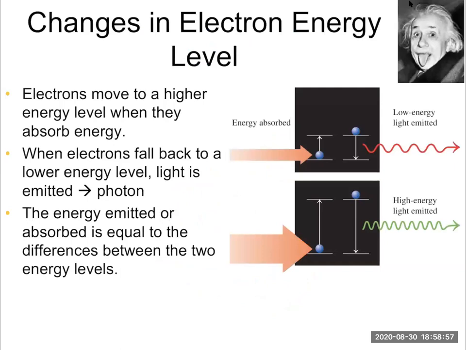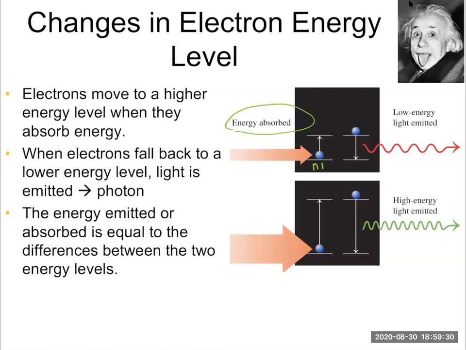Now, when the electron is at N1, for example, you need to give it energy. The electron is going to have to absorb energy. You need to give it energy to excite it so it can go to the higher energy level. We call that energy absorption.